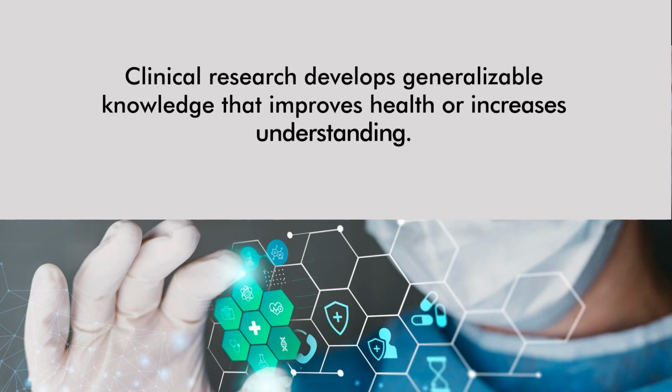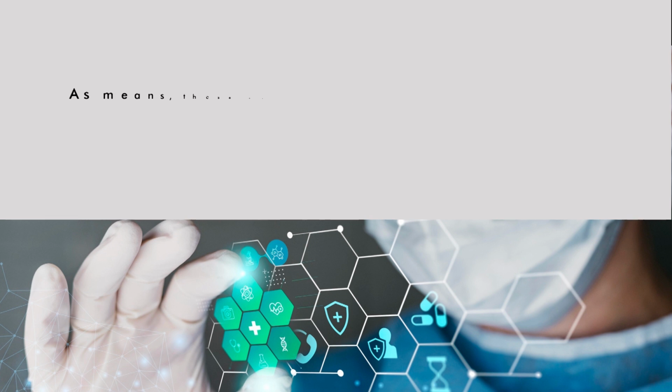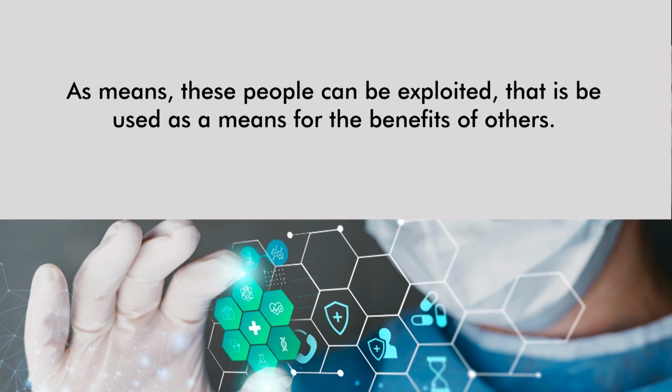Clinical research develops generalizable knowledge that improves health or increases understanding. People who participate in clinical research are means to securing that generalizable knowledge. Ethical justification is needed because these people can be exploited, that is, used as a means for the benefit of others.